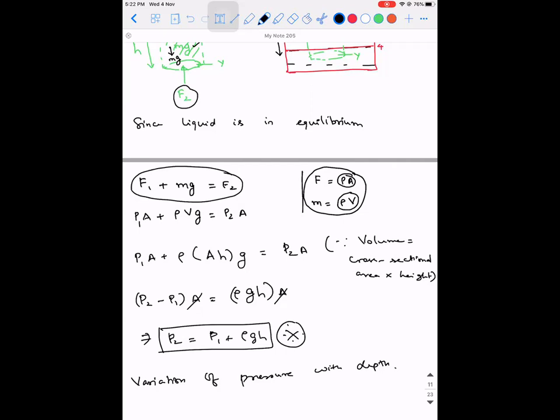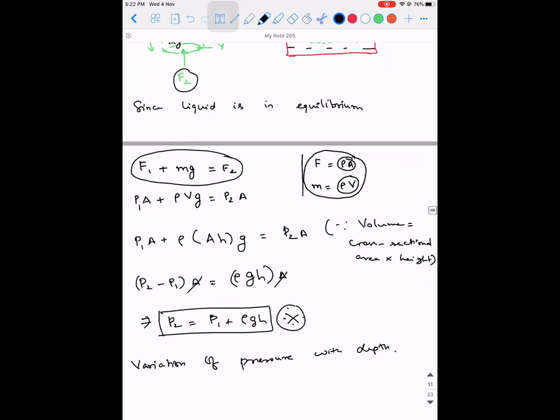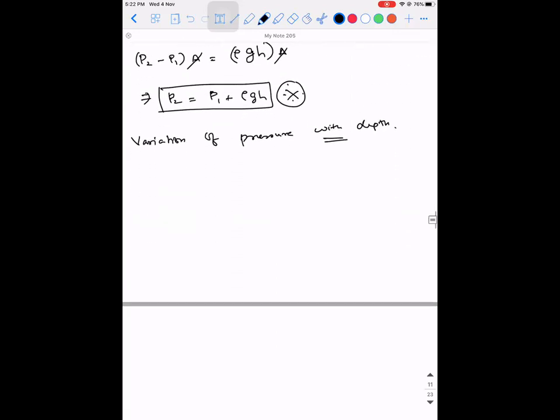Done? Yes. Now listen. This is variation of pressure with depth. Some important points, write it down.